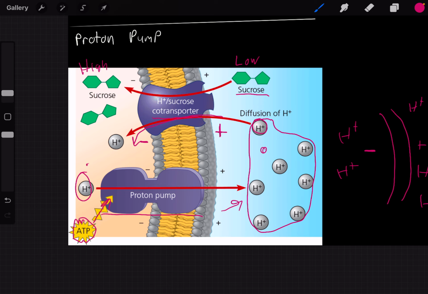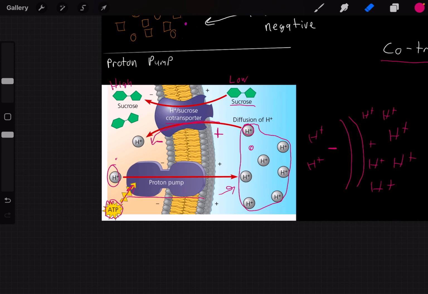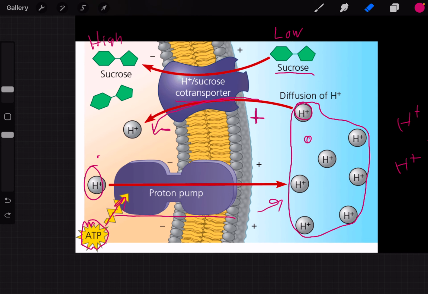We could see this example as a battery, where we're charging the battery with the proton pump, and then we're using the battery to bring things into the cell.